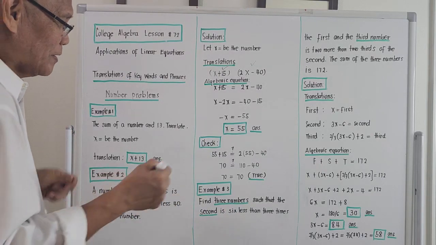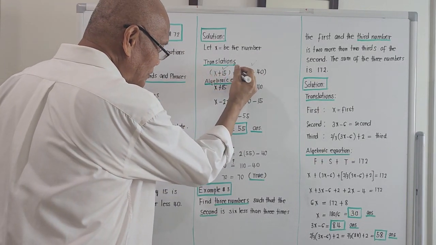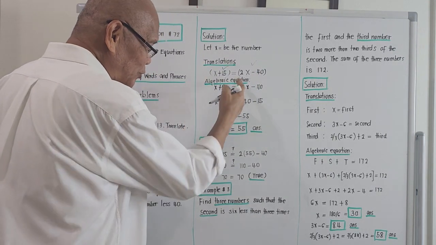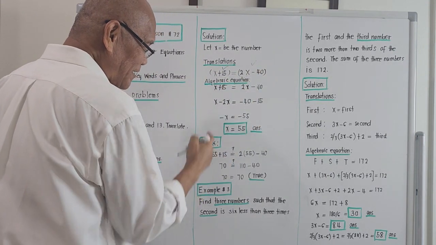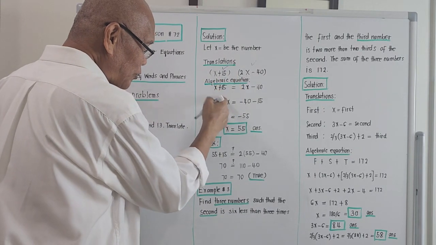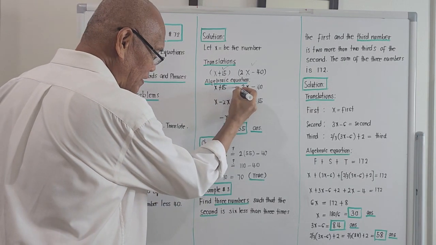Meaning to say, the number increased by 15 is equal to, so we place an equality sign, twice the number less 40. So the algebraic expression actually emanates from the translation because we put here an equality sign.